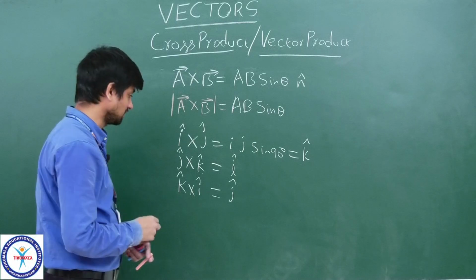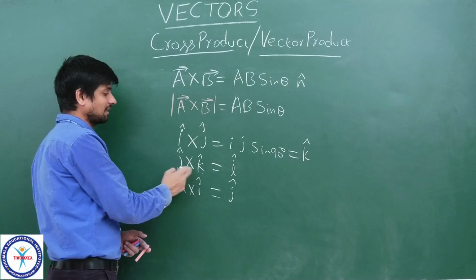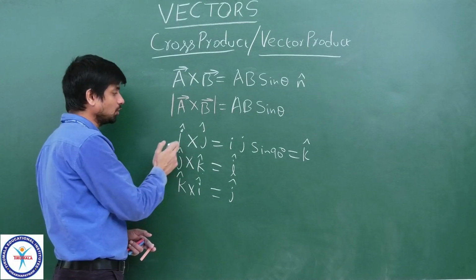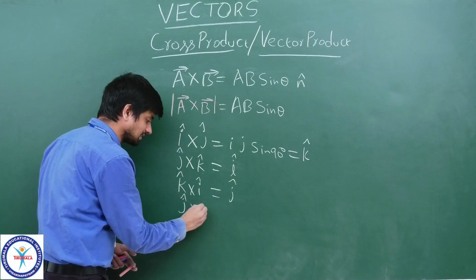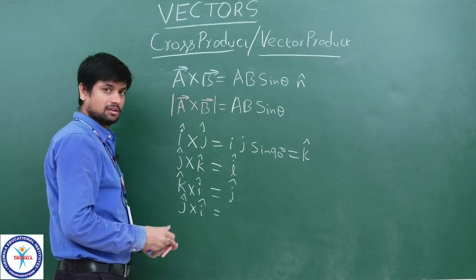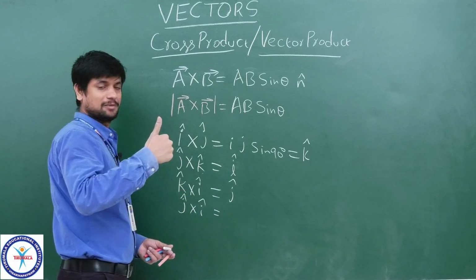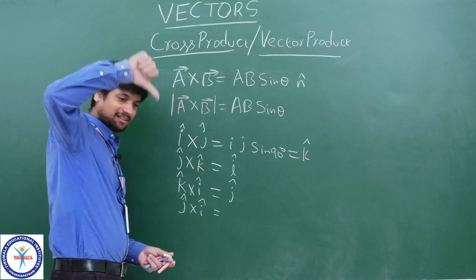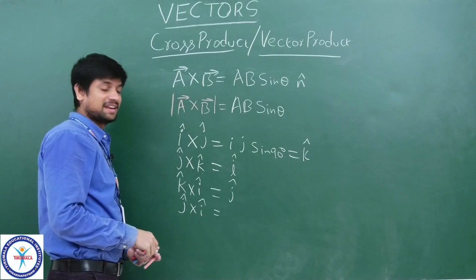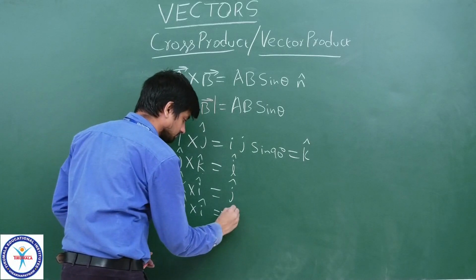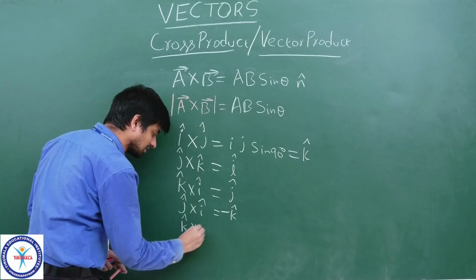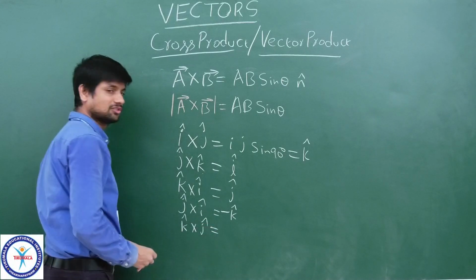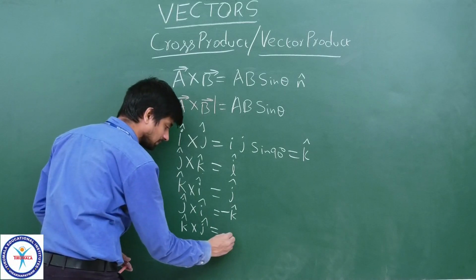Now the case is anticlockwise, j to i. j cross i: i cross j gives k, but j cross i gives minus k. And k cross j, what do you get, children?